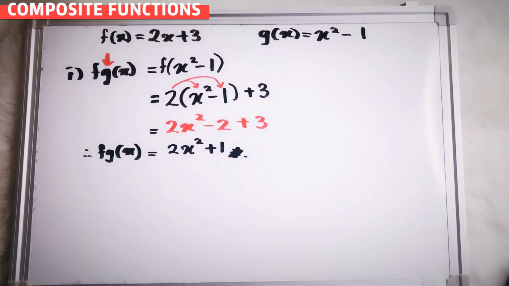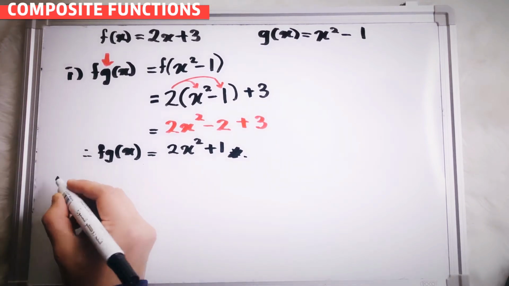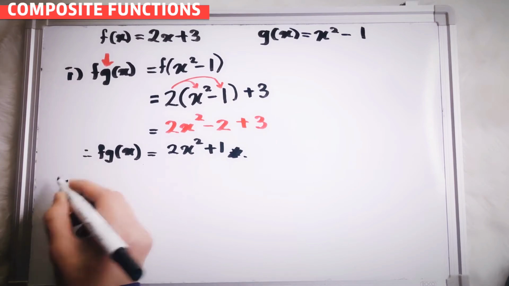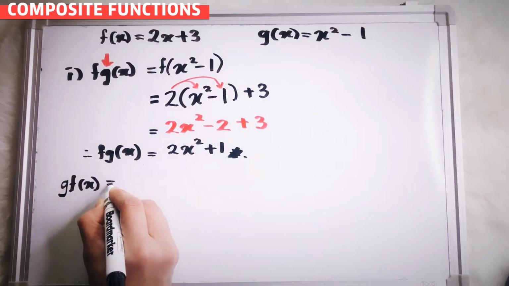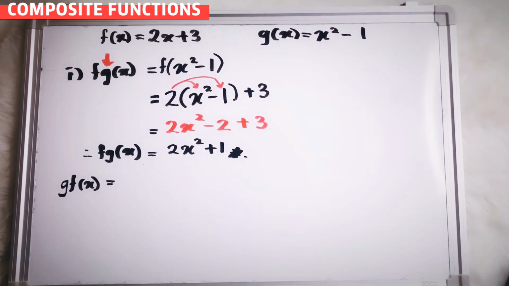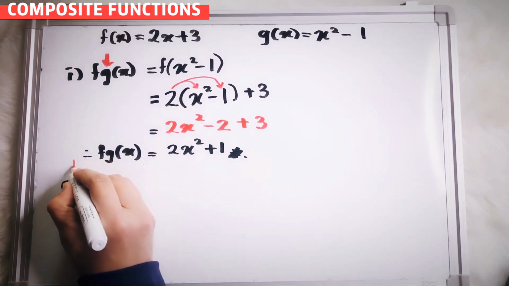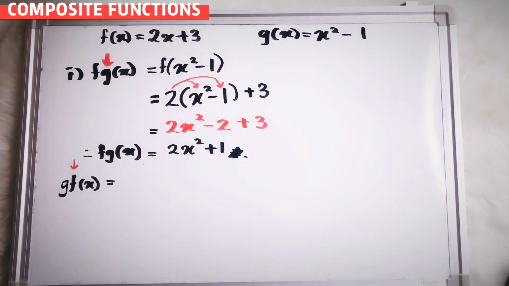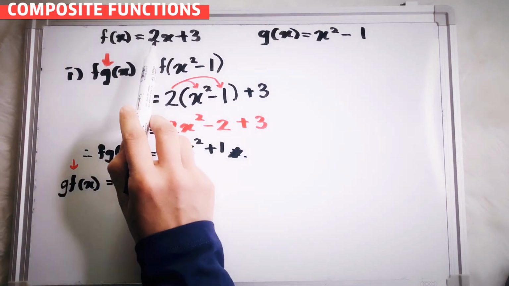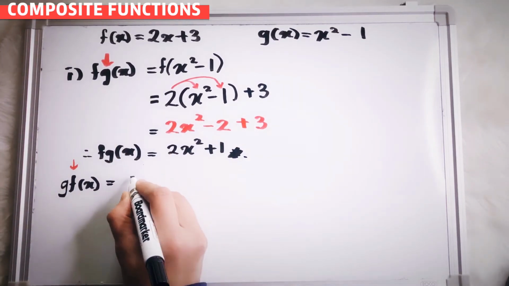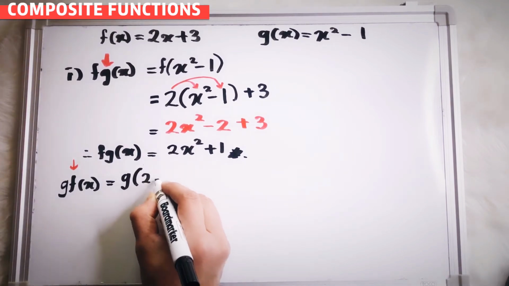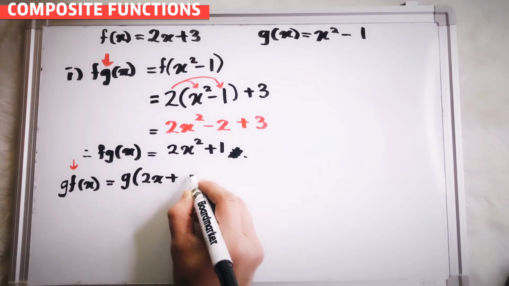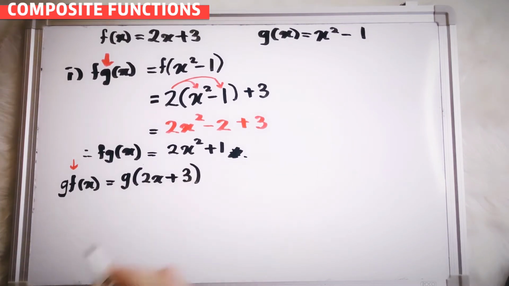Alright, how about I give you g(f(x))? Always start from the last one. Your f function is 2x plus 3, so you put 2x plus 3 here.